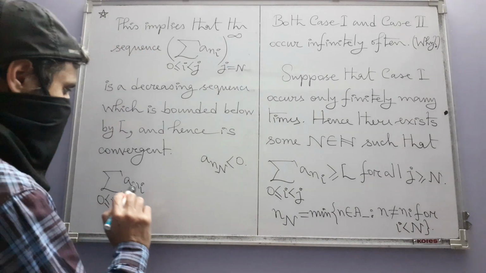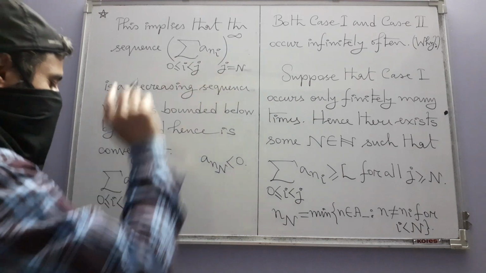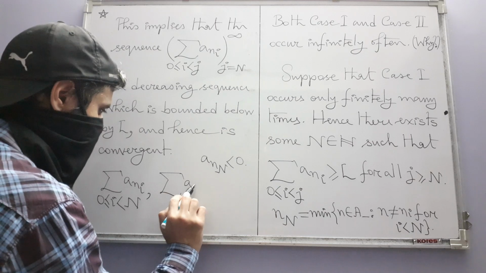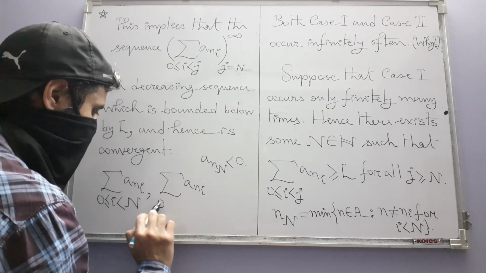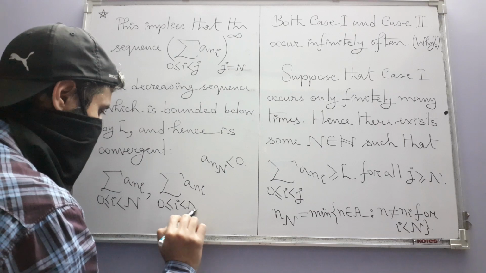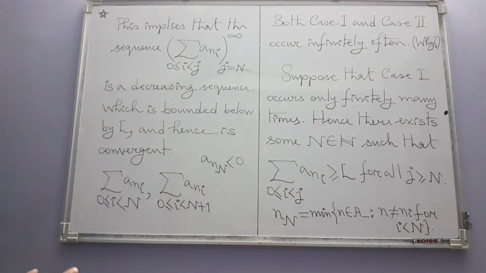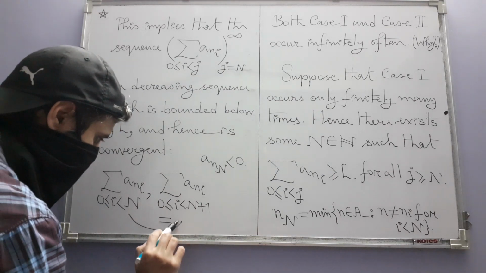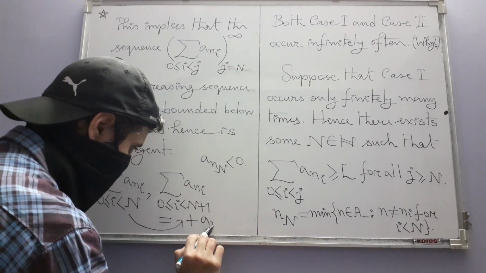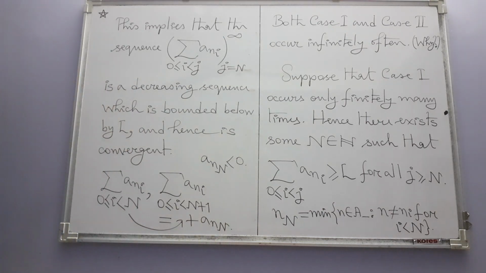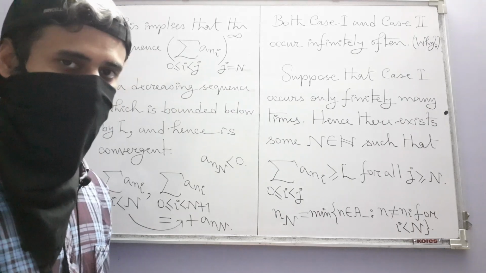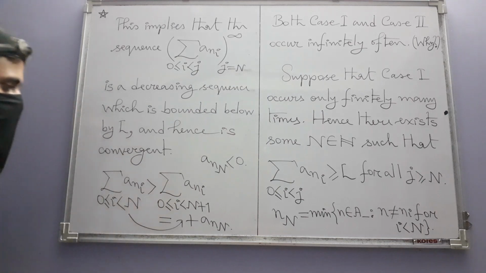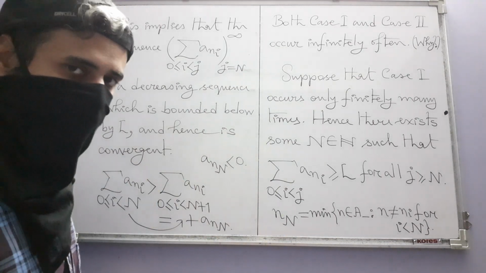So that means if you write the next term of this sequence which comes after this, that will simply be this term plus a n n. So you are adding a negative term, so it actually decreases, and this keeps on happening.